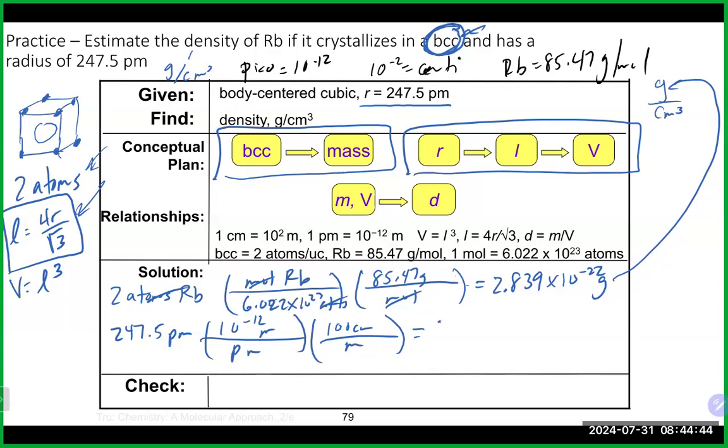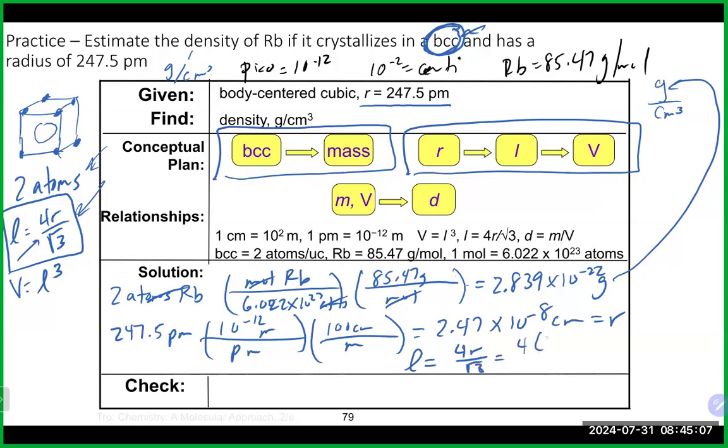We'll go with 2.47 times 10 to the minus 8 centimeters. Again, that is equal to our radius, just doing a conversion of the units, not our length. We now can use that in this equation here, where the length is equal to 4 times r divided by the square root of 3.